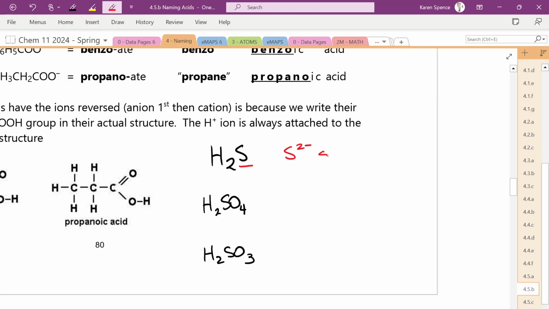S2 minus is sulfide. SO4 2 minus is sulfate. And SO3 2 minus is sulfite.